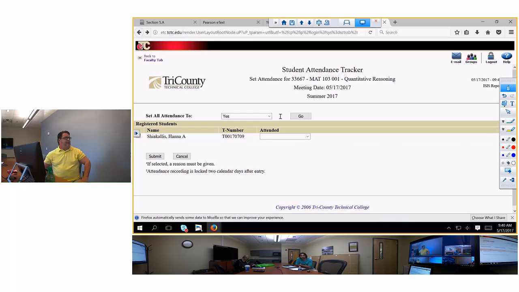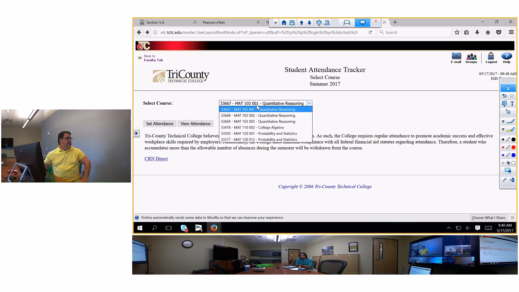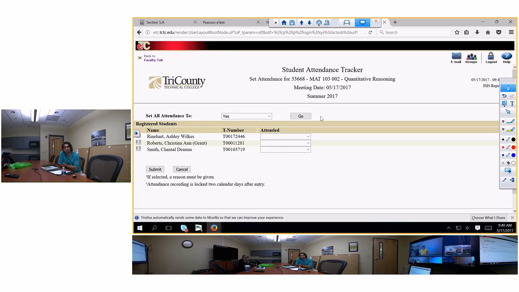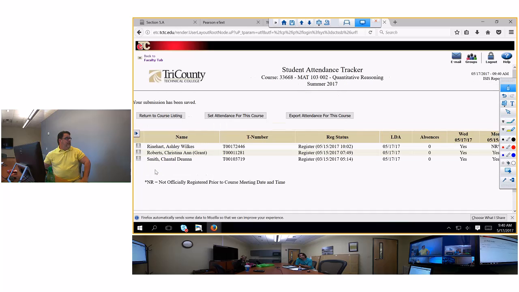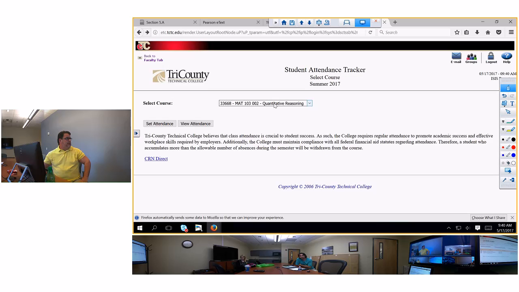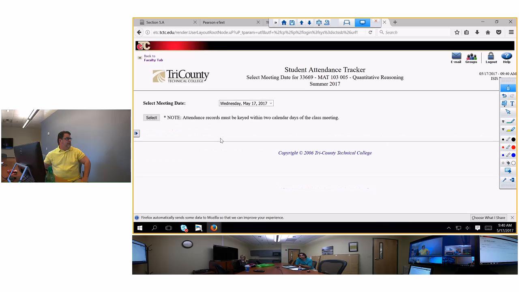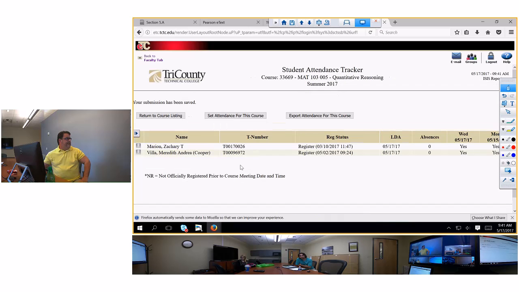They have it separated into 3 classes, so I have to do the second one. And that's all of y'all. Y'all are here. And then section 5 is our friends at the Easley campus.